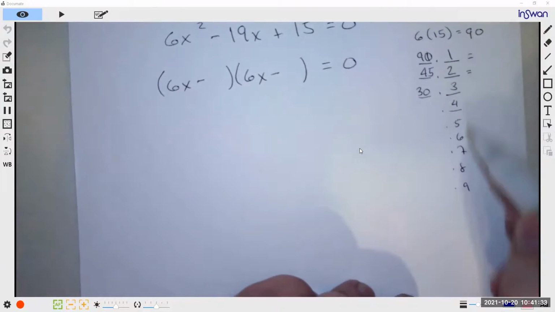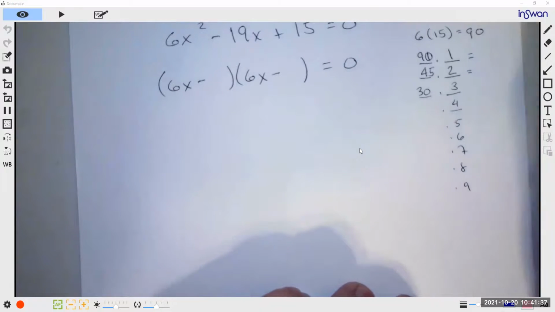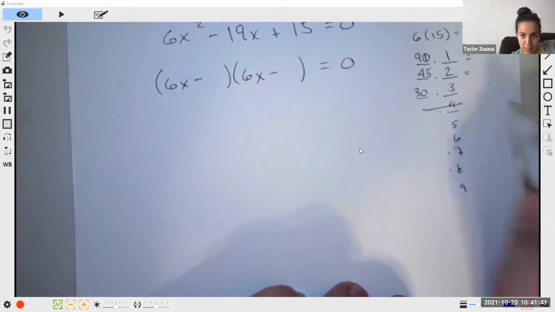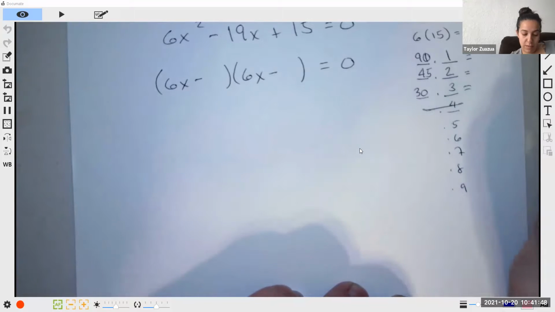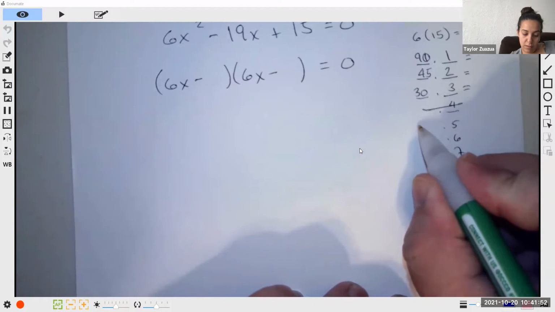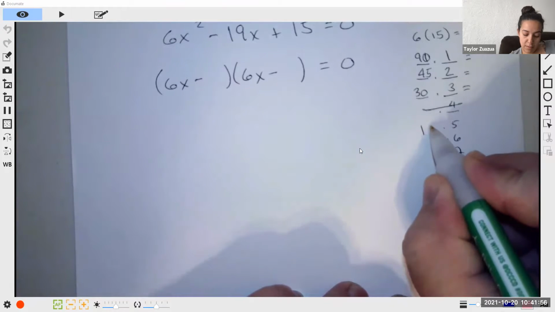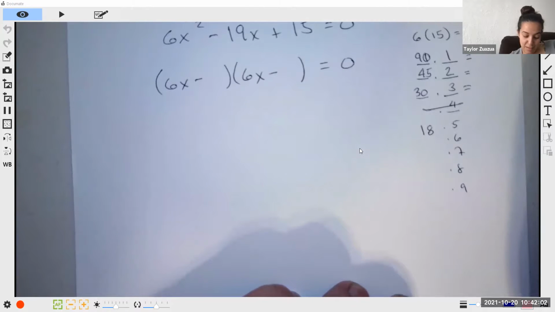Yeah, I mean, this is the best way of doing it. Does 4 go into 90? I don't think so. No, so that one's not there. Does 5 go into 90? Yes. How many times? 18.